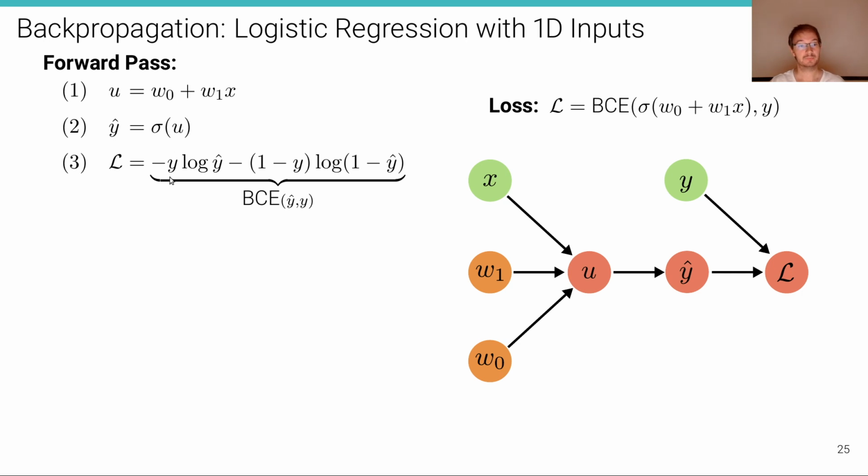And finally, we compare y hat to y using the binary cross-entropy function, which is defined like this. Here on the top, for space reasons, I've used just the abbreviation BCE. And so this is basically the entire expression on the left, written in a single line.